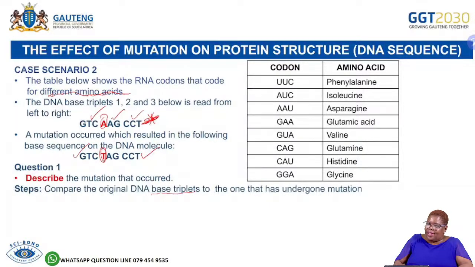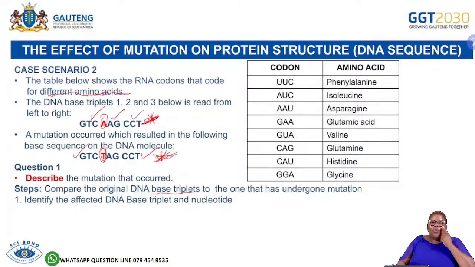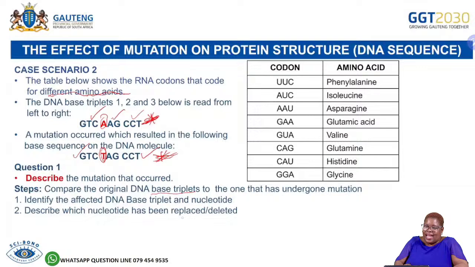Compare it to the one that has undergone mutation, that is, this one has undergone mutation. Can you see that? Follow those steps. You identify the affected DNA base triplet and nucleotide. We have already identified those. And describe which nucleotide has been replaced or deleted. We have observed that, to say A was replaced by T.